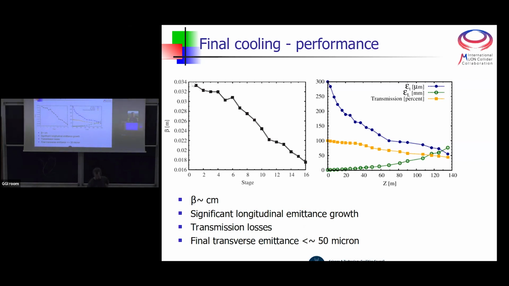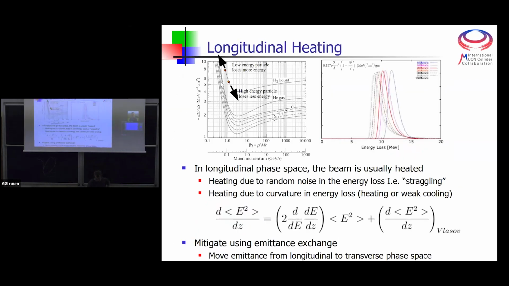If we reduce the momentum, then we can get to lower and lower beta functions at the cost of walking up this energy curve. This is the beta gamma here. So as we go to lower and lower momenta, we're going in this direction, which means that the longitudinal heating term gets worse and worse. So we want to squeeze transverse emittance in the final cooling system at the cost of longitudinal emittance.